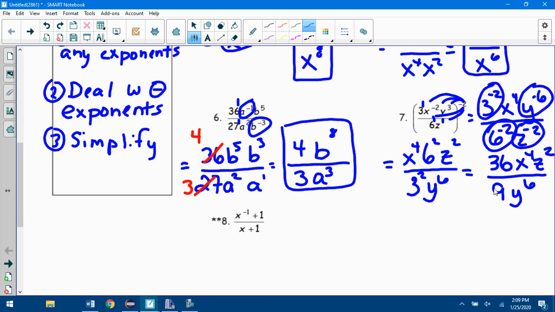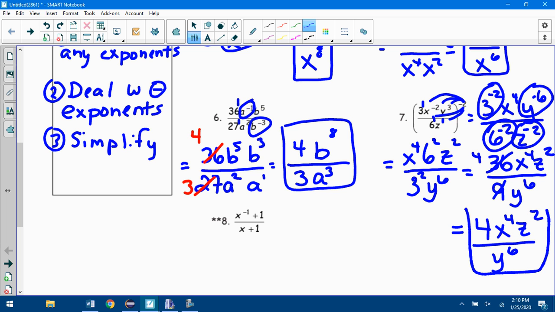Except for 36 and 9, because 9 is going to cancel out totally. We're still left with 4 here, so I'm going to have 4 x to the 4th z squared all over y to the 6th. So that's where it starts getting a little more complicated, and that's where those steps, distribute, deal with negative, simplify, really start helping.